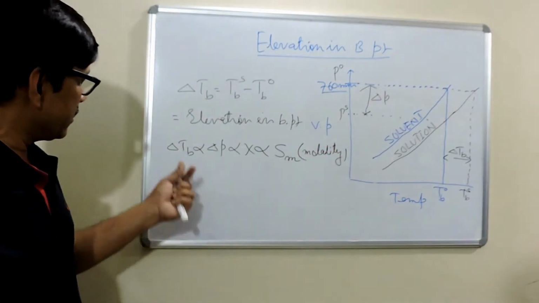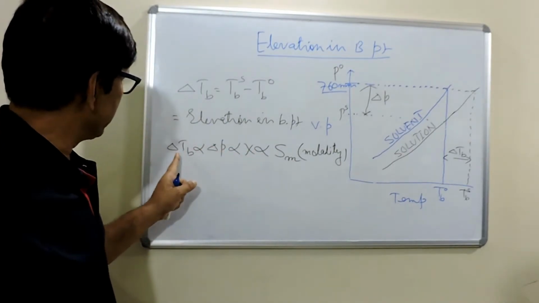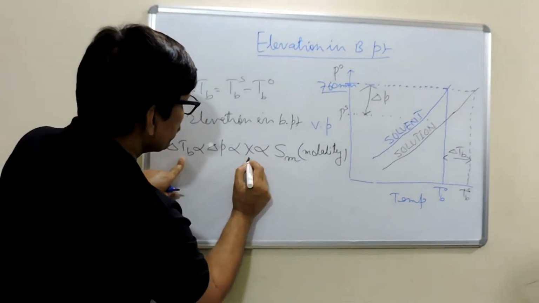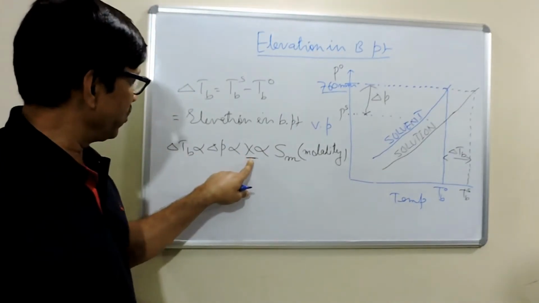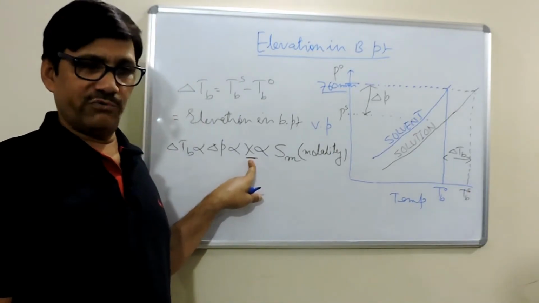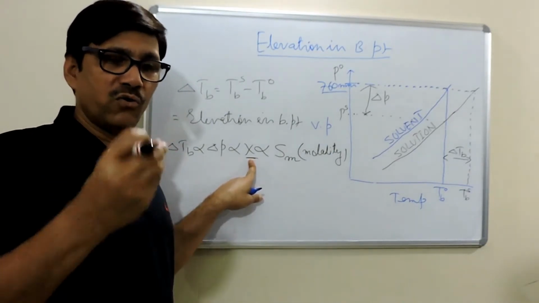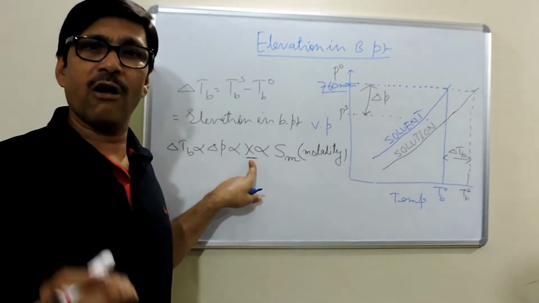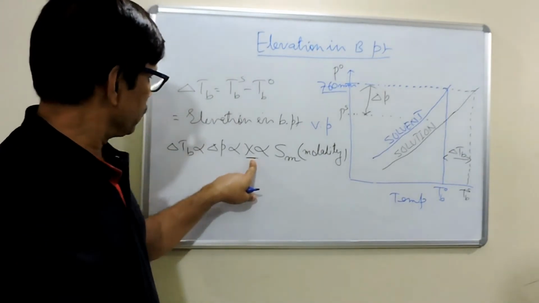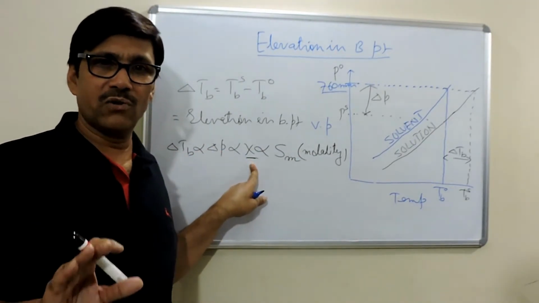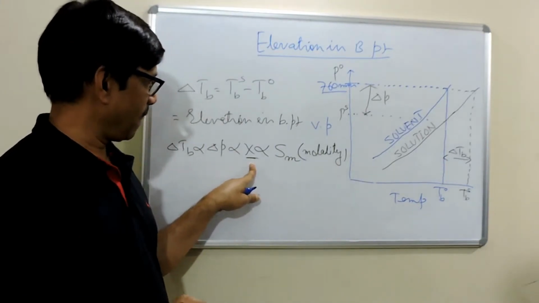So from here we can say that elevation in boiling point is directly proportional to mole fraction, and mole fraction does not depend on the nature of solute, whether you have added urea or glucose. It will depend on how much urea or how much glucose is added. So elevation in boiling point is also a colligative property.